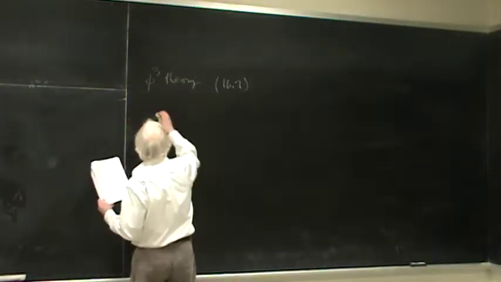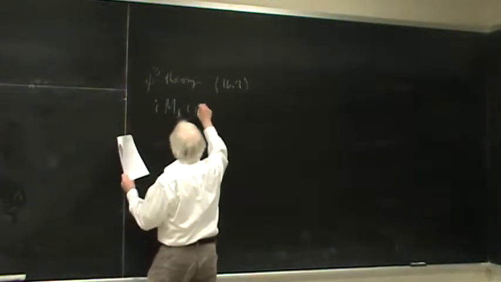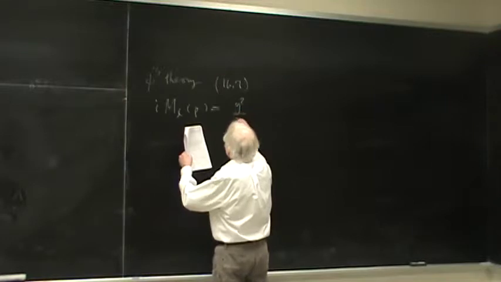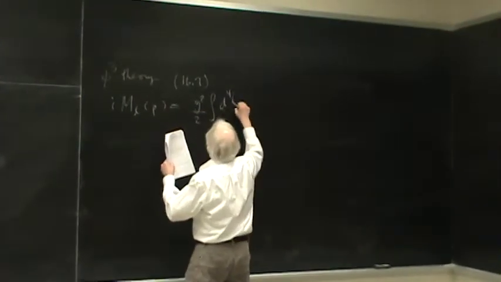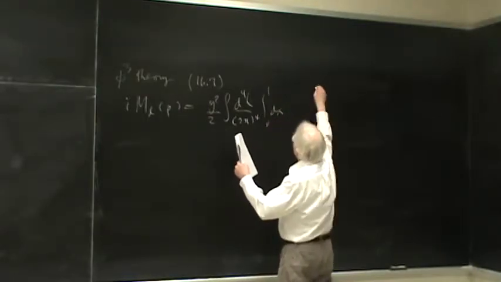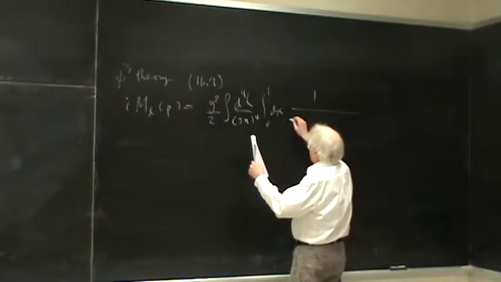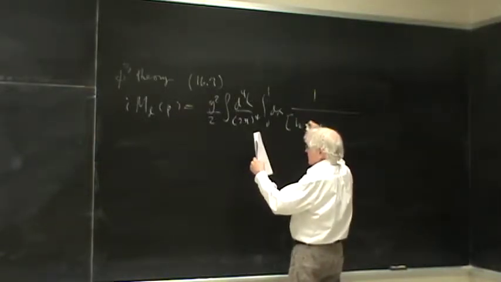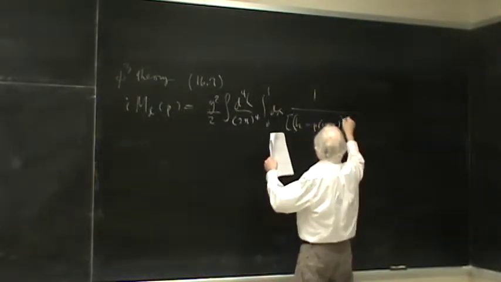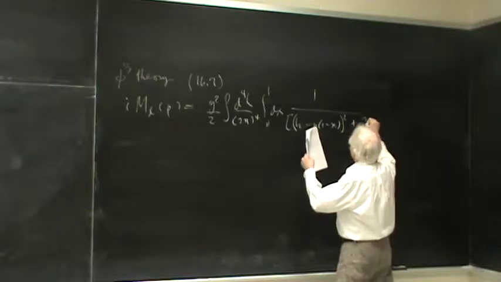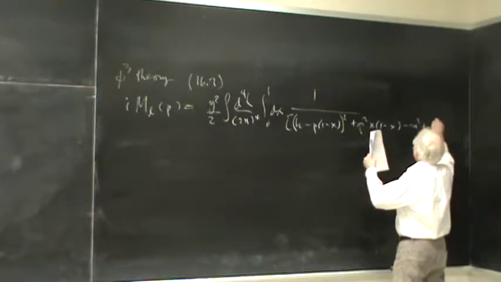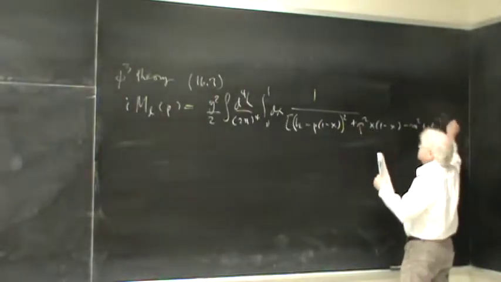He has I one-loop of p is g squared over 2, integral d4k over 2 pi to the 4th, integral 0 to 1 dx, 1 over (k minus p(1 minus x)) squared plus p squared x(1 minus x) minus m squared plus i epsilon, all squared.